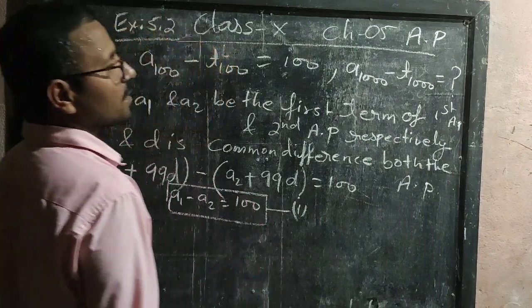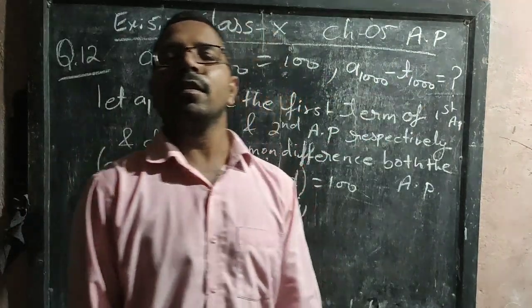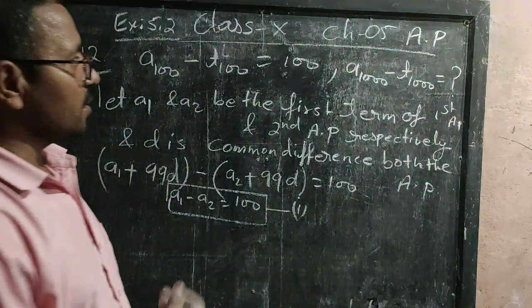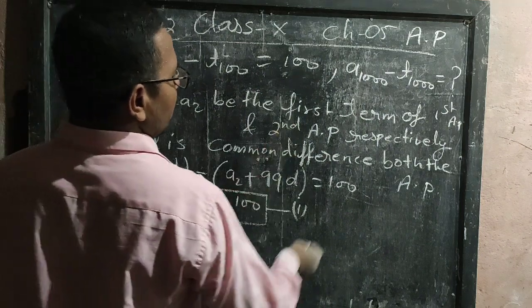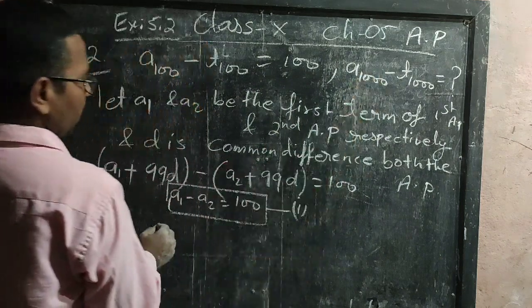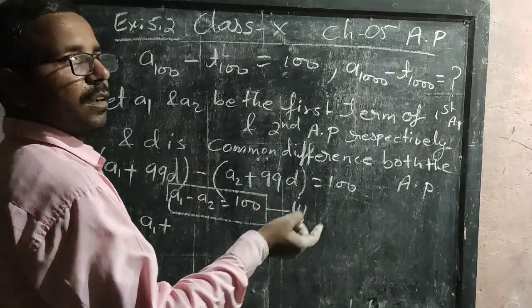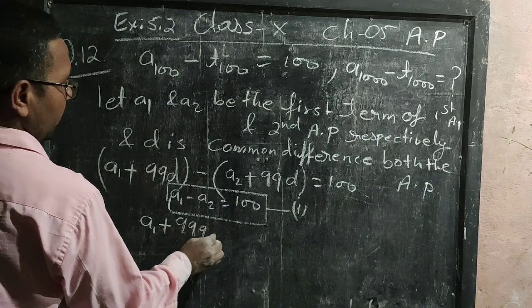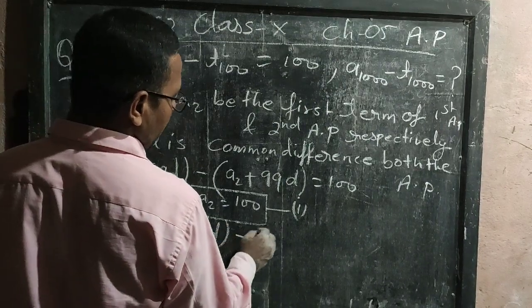Now the question is asking A1000 minus T1000. That means what should be the difference between the 1000th terms? For A1000 we use this formula: A1 plus 1000 minus 1, that means 999D, and use the negative sign.